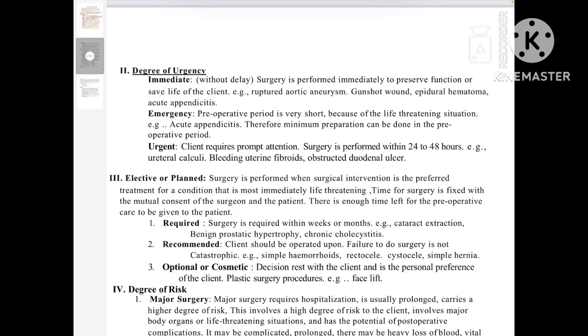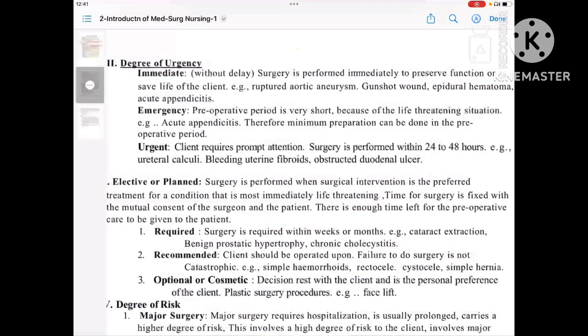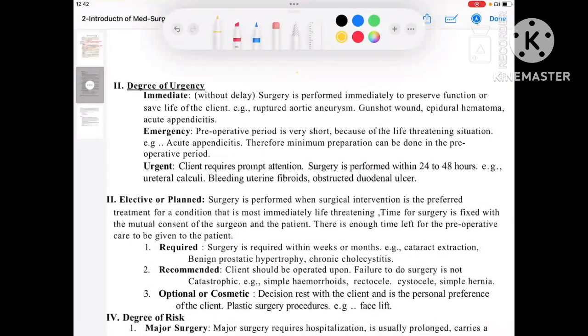In the degree of urgency, the first one is immediate.